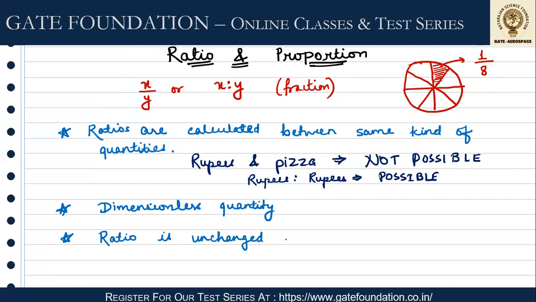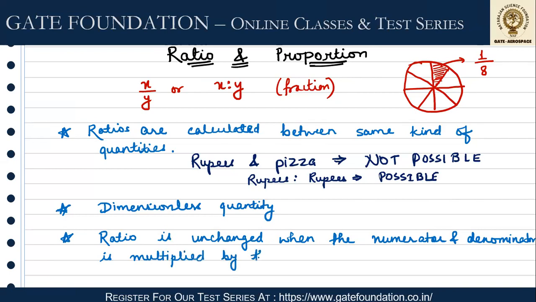Ratio is unchanged when numerator and denominator are multiplied by the same number. Now this is some basic thing that you might already be knowing.